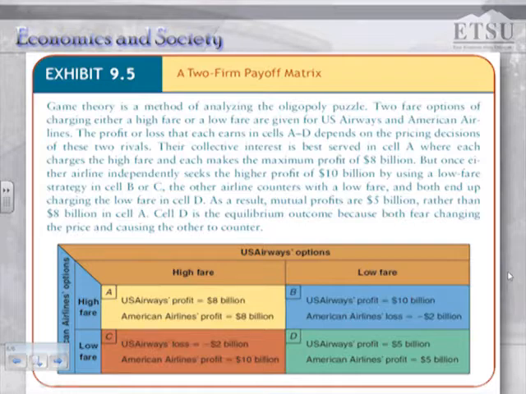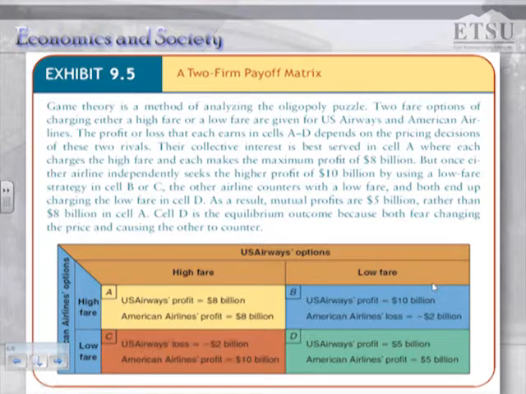So it's in U.S. Airways' best interest to offer the low price if they believe that American Airlines is going to be offering a high price. So we can think of U.S. Airways as choosing the column, and if they think that American is choosing high, then U.S. Airways is choosing between 8 and 10, and they tend to want to go for this 10 over here.